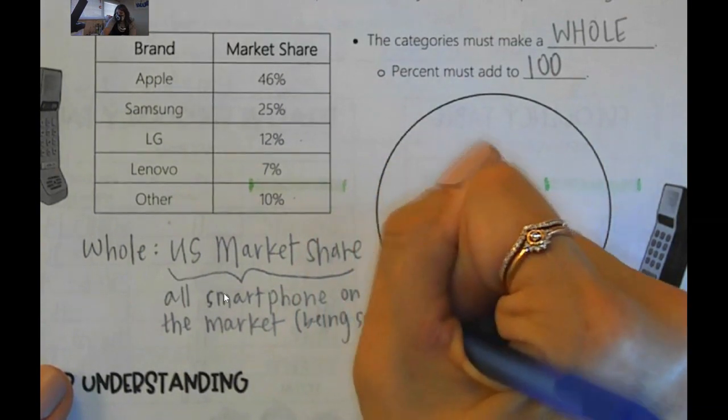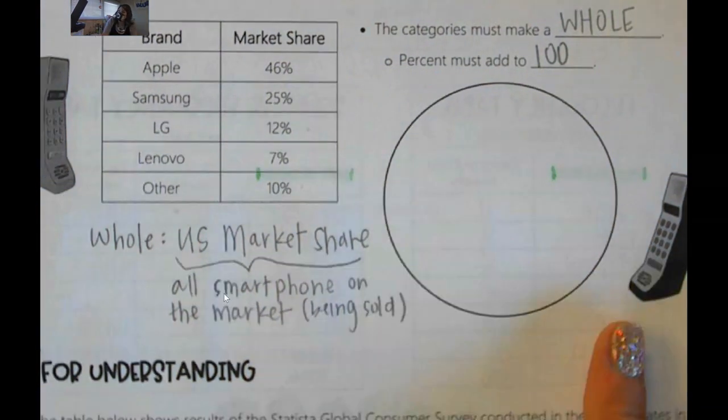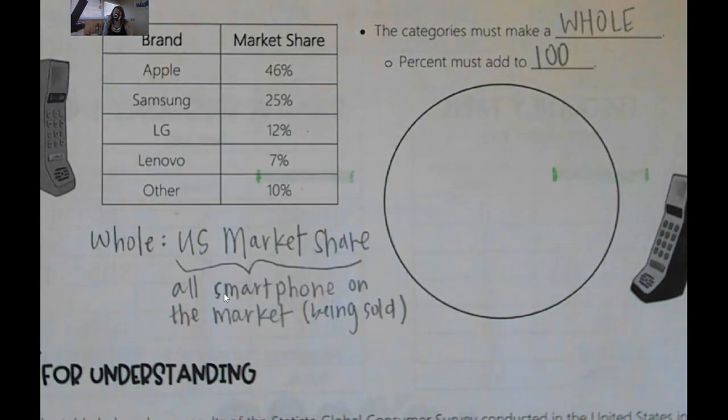So of all of the phones being sold in the United States right now, 46% are Apple, 25% are Samsung, 12% are LG, 7% Lenovo, and everything else makes up 10% of the market share. So the whole that we're referring to is all phones being sold.